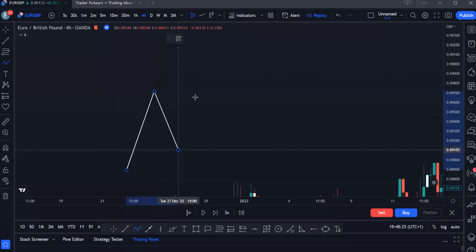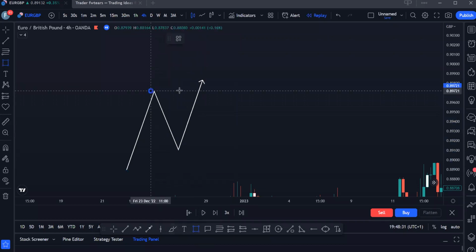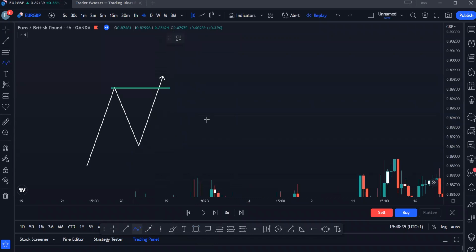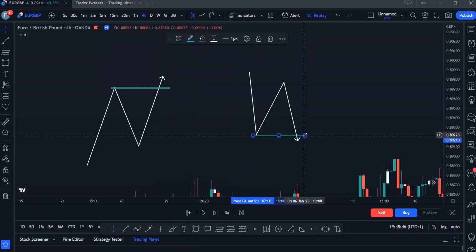For you to validate that price is in an uptrend, this impulse move, the body of the candle has to close above here. For you to validate a downtrend, like so, the lower low here, the body of the candle has to close here. It's as simple as that.